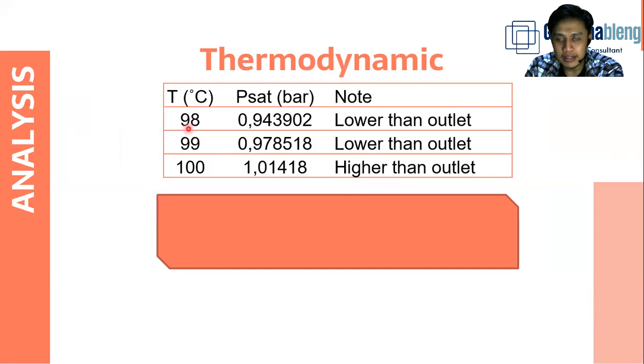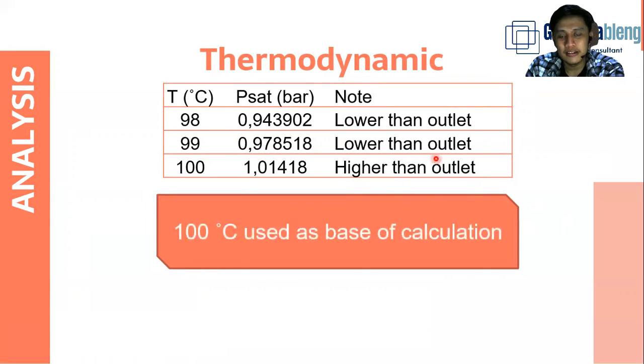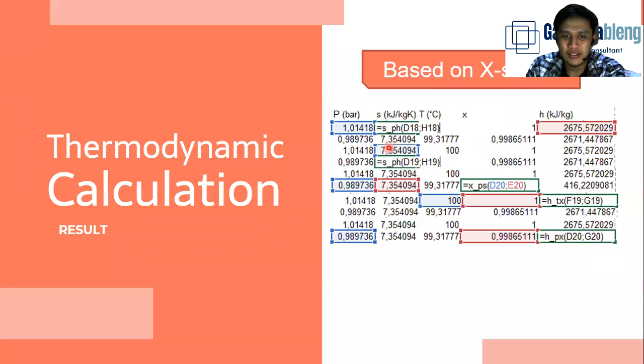But 98 and 99 are lower than the outlet, which is not possible because the gas flows toward lower pressure. So I will use 100 Celsius for the analysis. Actually, this can be calibrated, but I will not do that because it's too hard.